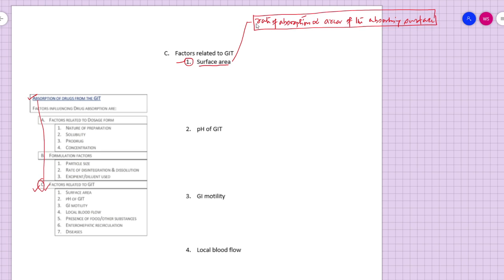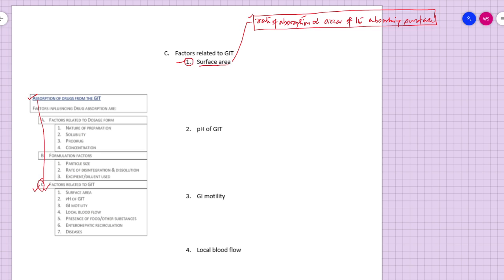Okay. This is kind of a rule of thumb. The rate of absorption is directly proportional to the area of the absorbing surface, meaning there will be greater absorption if the area is greater, and there will be less absorption if the area is less. So that's the concept of directly proportional. Okay, so that's the rule of thumb that we need to keep in mind.